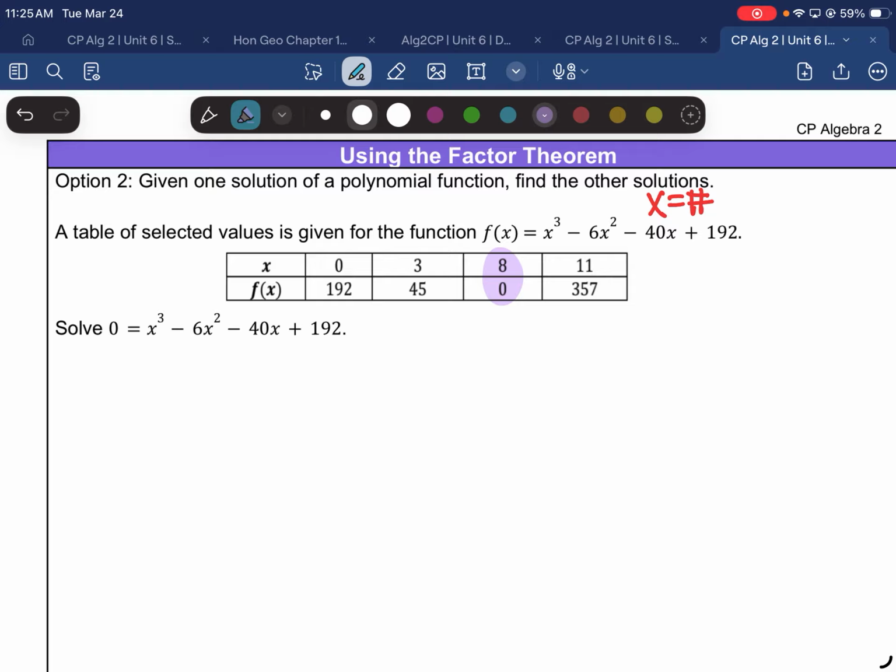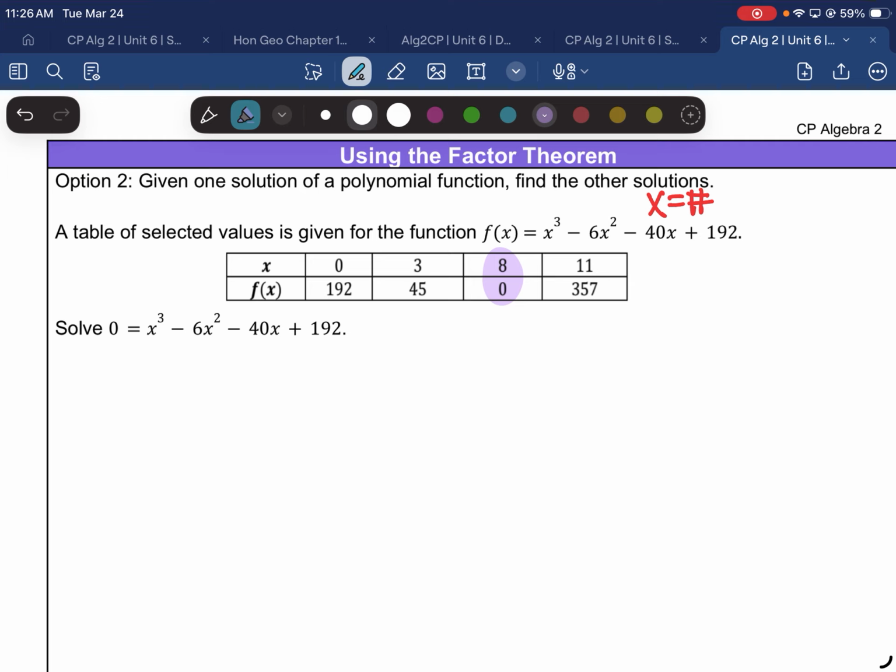What do you call an ordered pair that's written as a number, comma, 0? X-intercept. Exactly. Good job. What's this? The y-intercept.